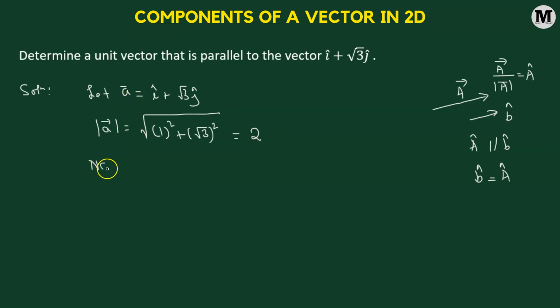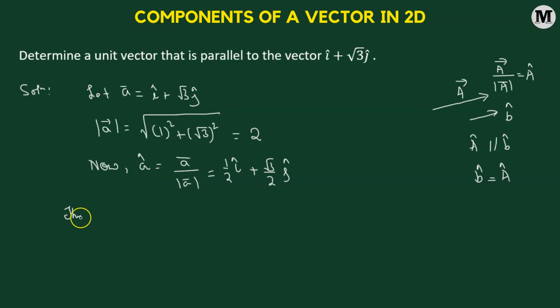Now, we'll be defining the unit vector A cap, which is going to be the vector along A vector. So take the vector A and divide it by its magnitude. So that's going to be half i cap plus square root of 3 over 2 j cap. So this is going to be the unit vector A cap, but we need to find out a unit vector that is parallel to i cap plus square root of 3 j cap, and that's nothing but A cap only.